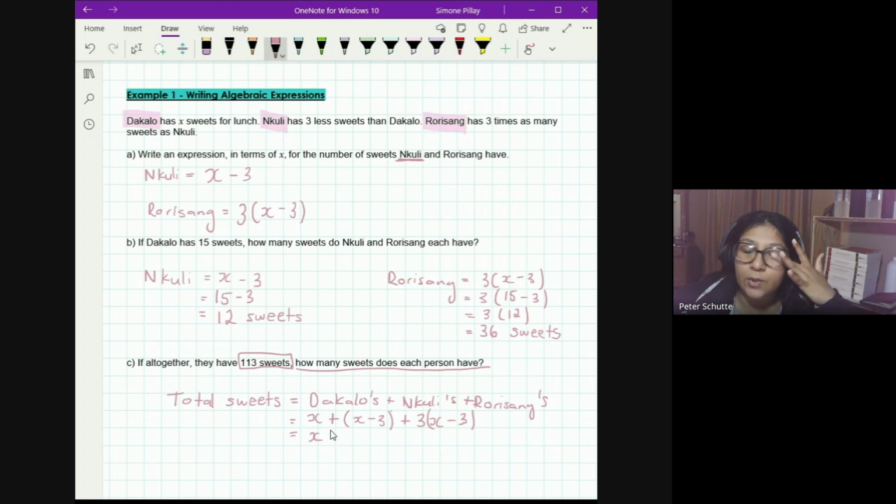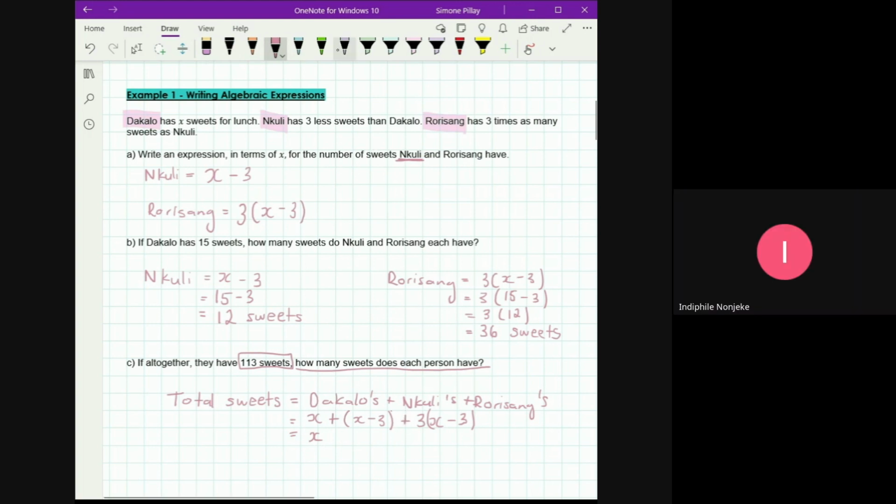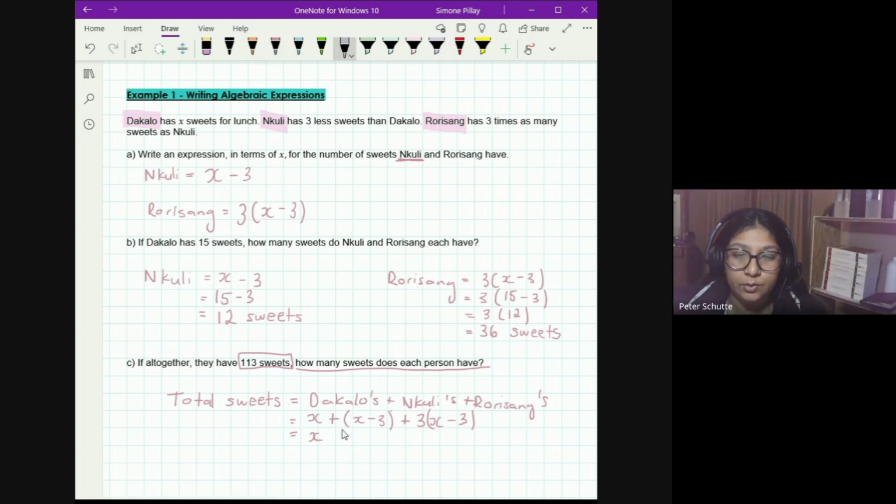What do I have to do with the sign outside my brackets? You keep it as it is. No, not quite. So remember, when we want to remove our brackets, we take the sign and we distribute it in. Yes, you are correct. So tell me now, if I'm removing my brackets, a positive times a positive x gives me what?